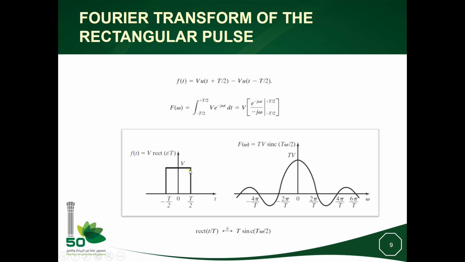You see that a limited function in time results by the Fourier transform in what? An unlimited function in omega. Right.